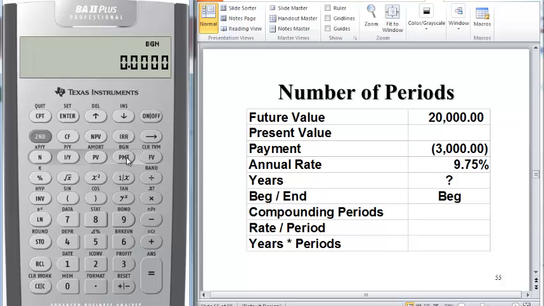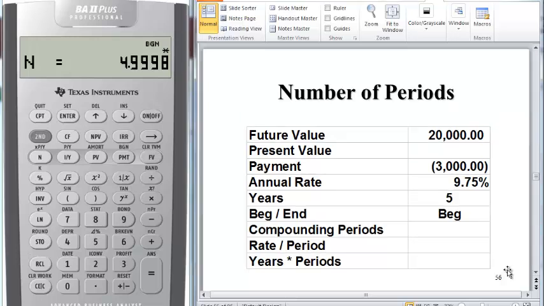So my pieces are still in play. I can recall and see that my payment's still there, my future value is still there, and my IY is still there. All I would need to do is go in and compute for N. And what do I find? It takes approximately 5 years to grow that if I put those payments in at the beginning of the year.